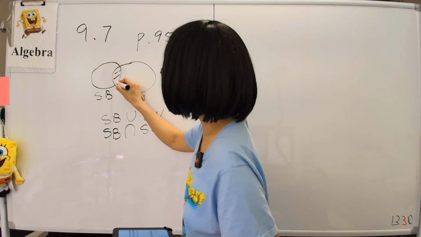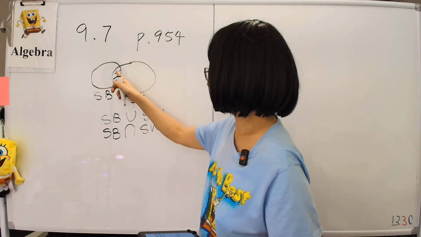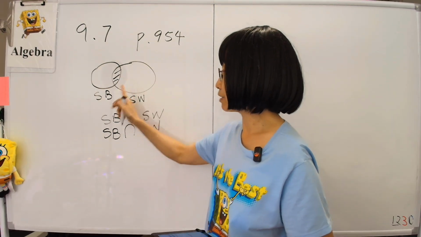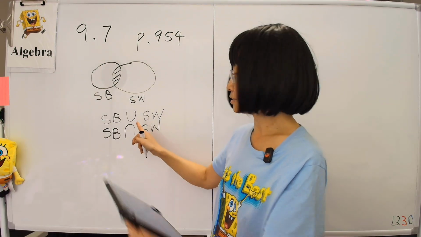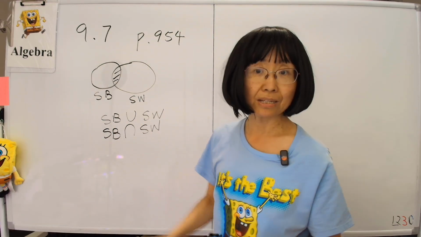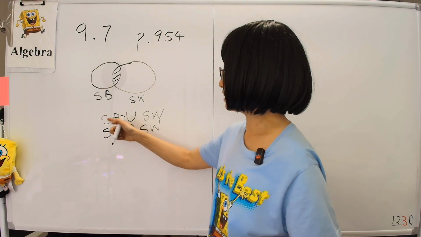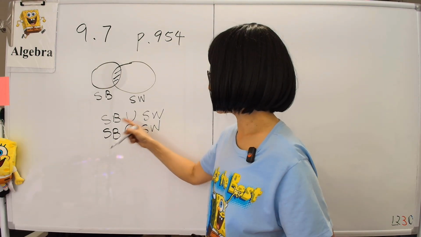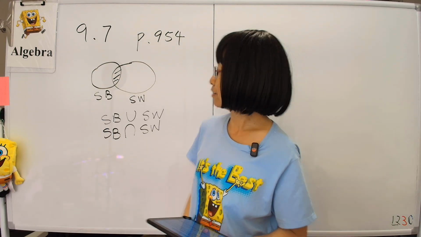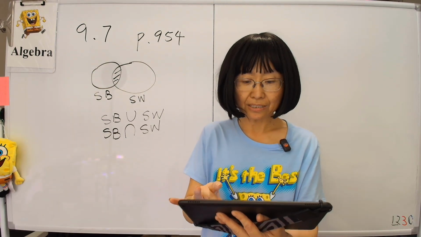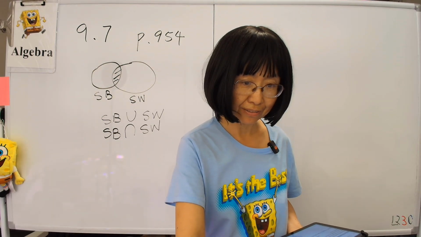The people who belong to both groups are called the intersection, and the union is just being in either or both. So this is a much bigger group than this one. That is just to explain the notation here.